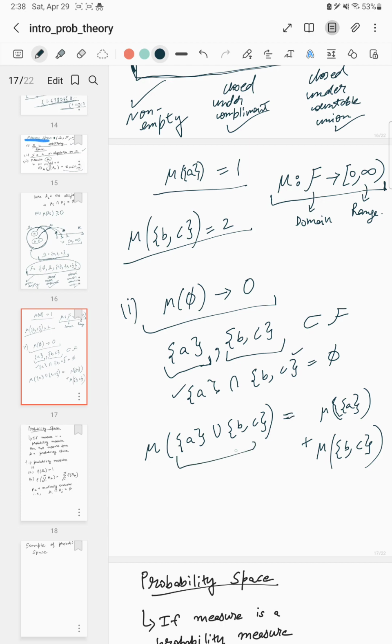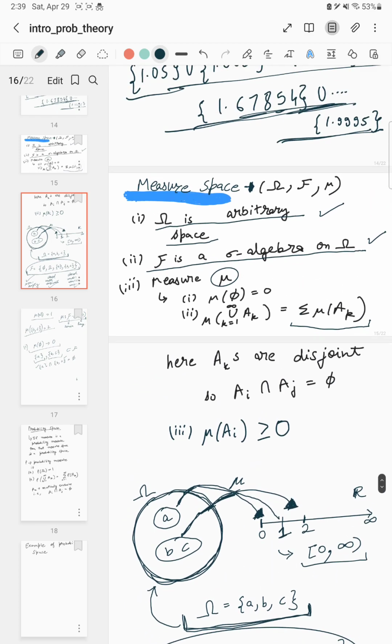So we can see this is omega. So mu of omega is, this is 1 and this is 2, 1 plus 2 equals 3. Okay, so this should satisfy this property always.